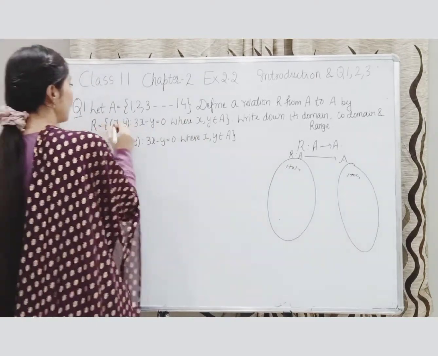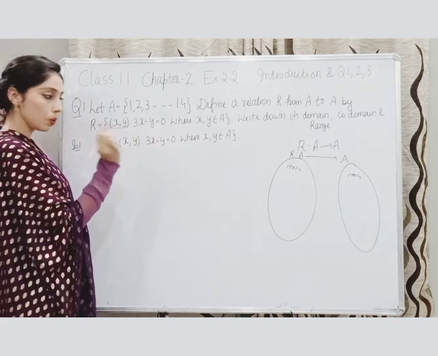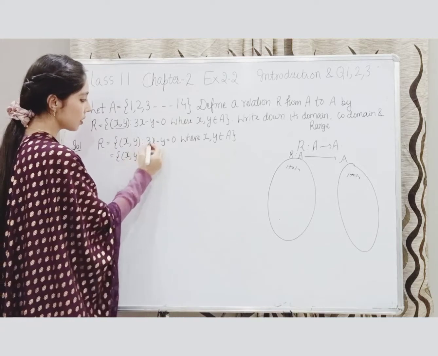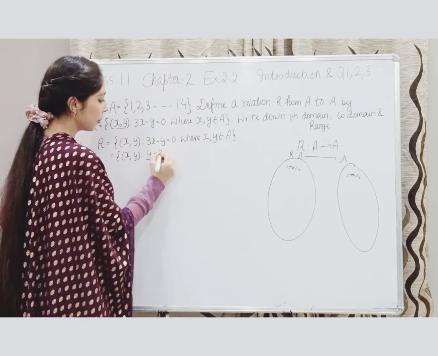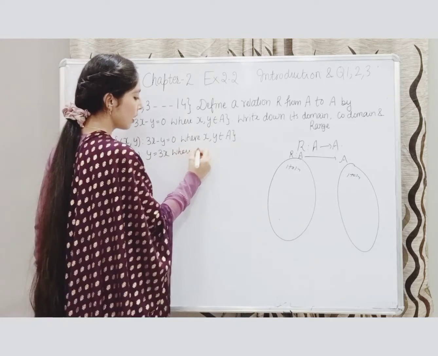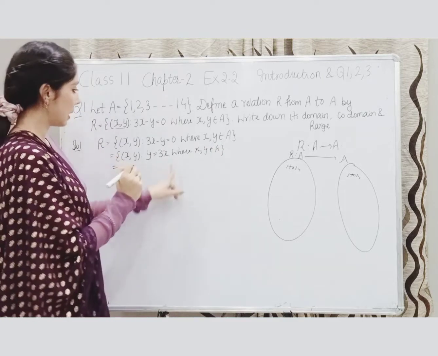Okay, and the relation is defined as those ordered pairs such that 3x minus y is equal to 0. In other words, we have those ordered pairs where the second element is 3 times the first element, where x, y belongs to A. Which type of elements will it contain?